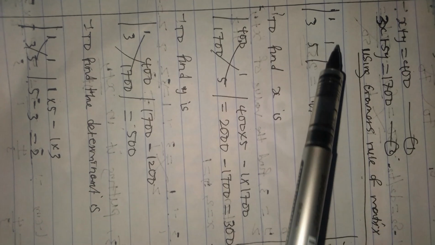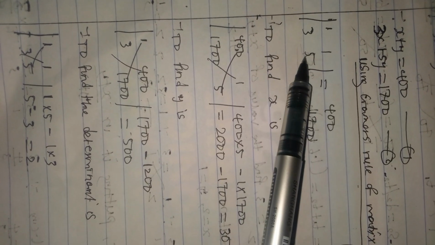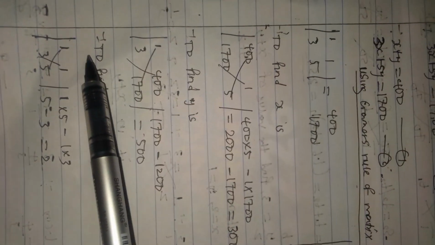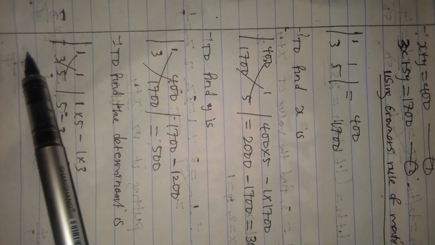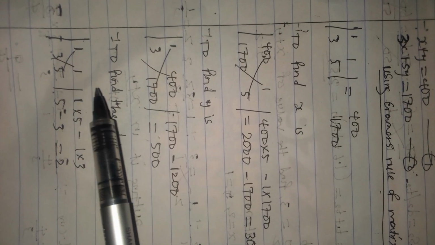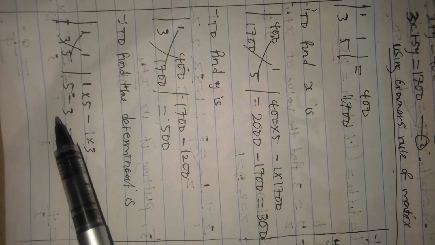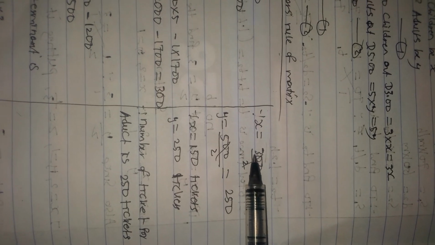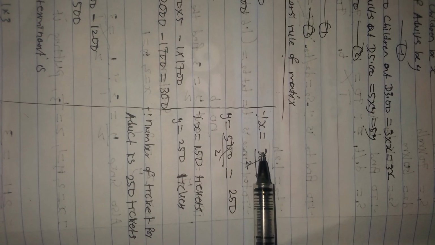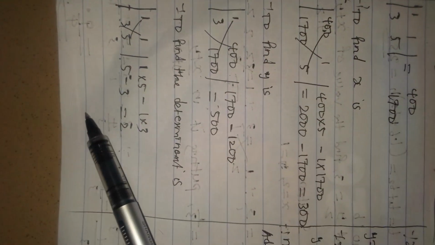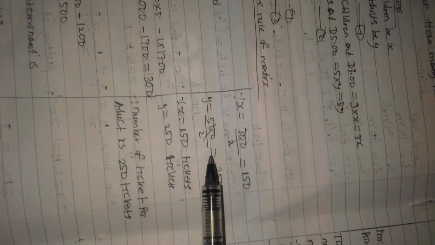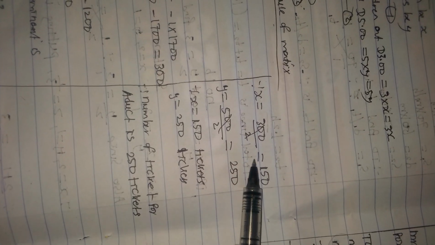After that, you find the determinant of the coefficient matrix. We have 1, 3 and 1, 5, so it is 1 times 5 minus 1 times 3, which is 5 minus 3, giving 2. Therefore x is 300 over the determinant, which is 2, so x is 150.